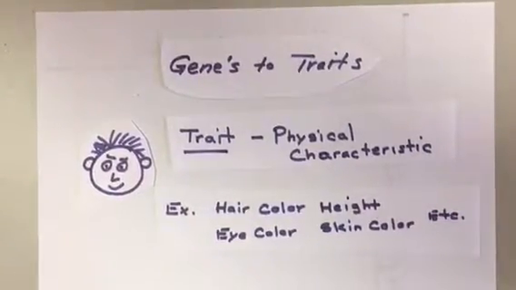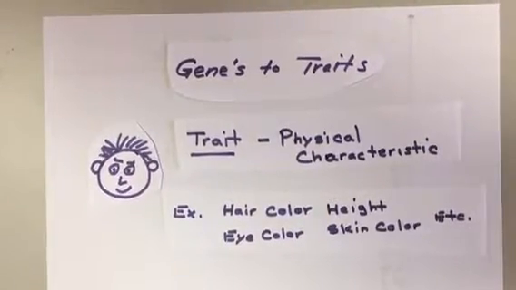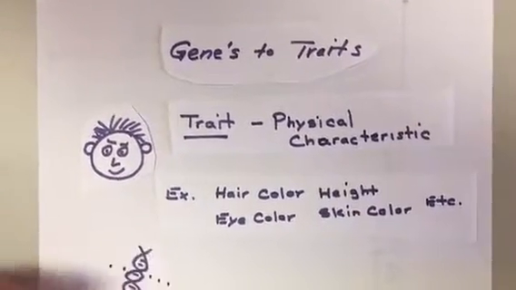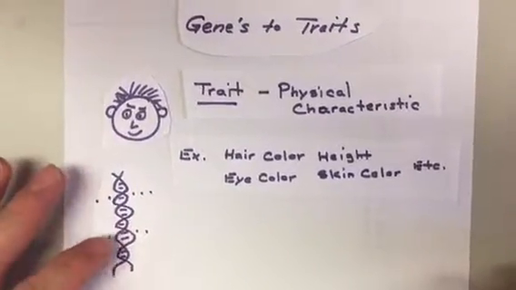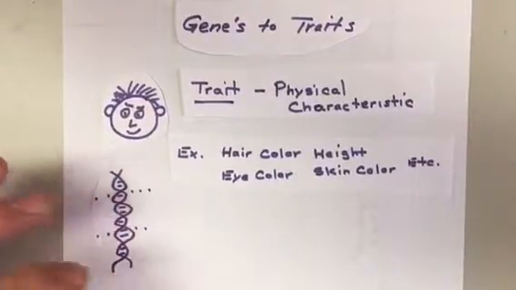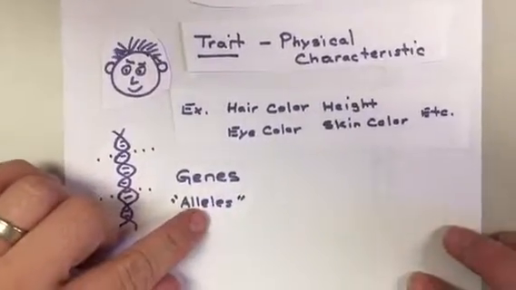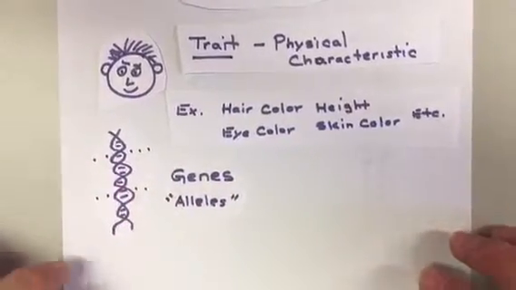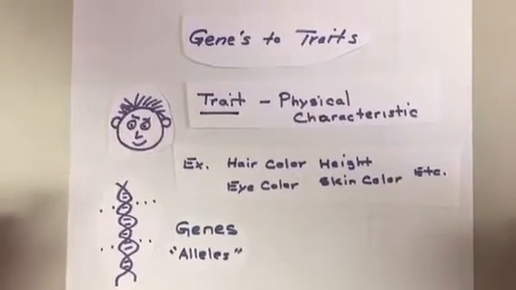Now, how do we get our traits? That's the next question. So remember, each one of us has our DNA. And this DNA has little portions that we call genes. Sometimes scientists call genes alleles, because there's so many different versions of genes.